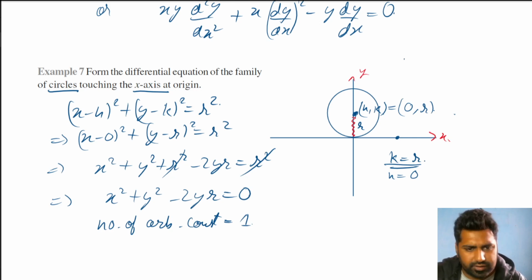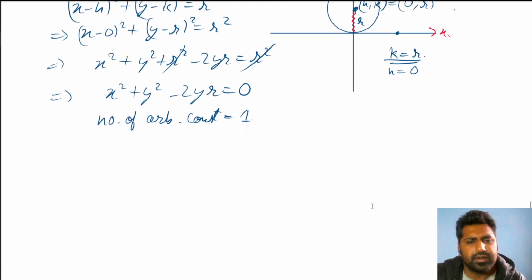That means we have to differentiate only one time. Now the point is, should we get the value of r? Let's differentiate directly and see what happens. If something is required, we'll see accordingly.